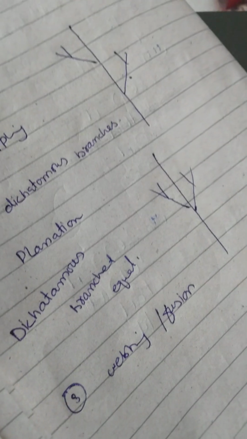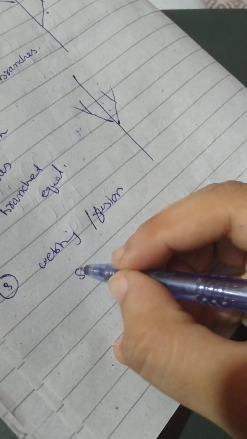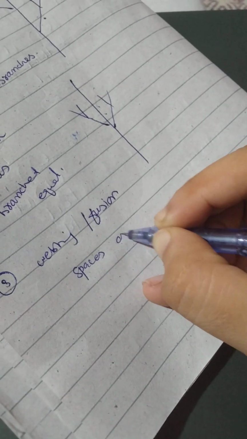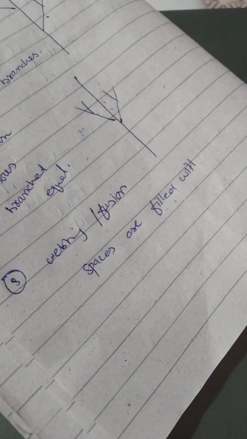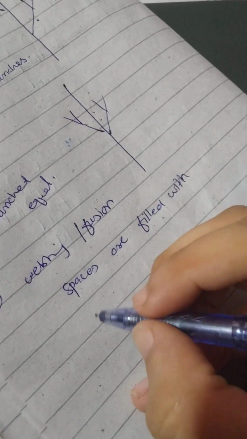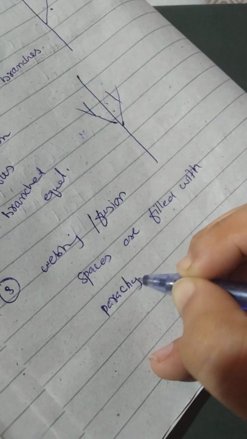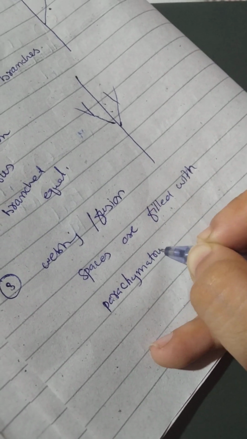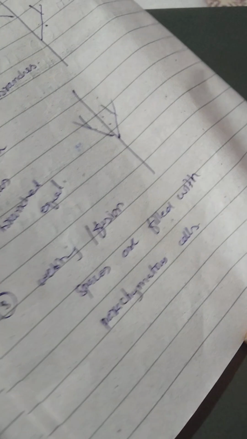Basically, what happens is that the spaces like this are filled with parenchymatous cells. So the spaces are filled with parenchymatous cells.